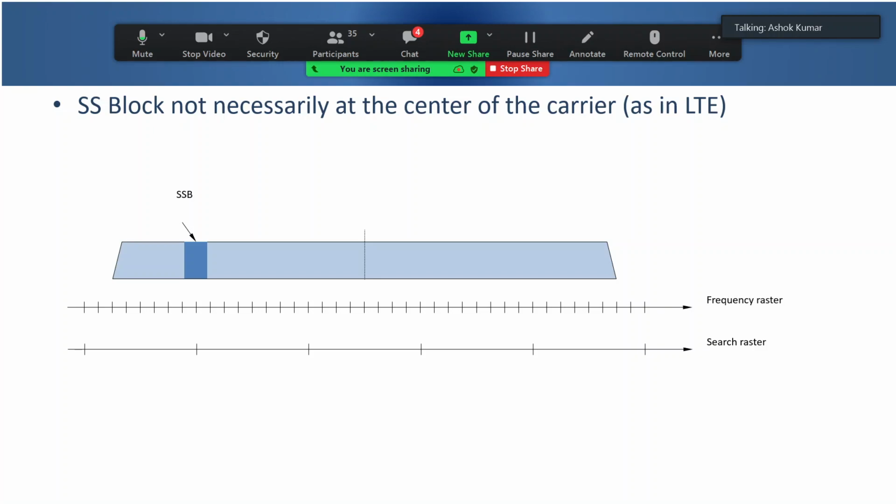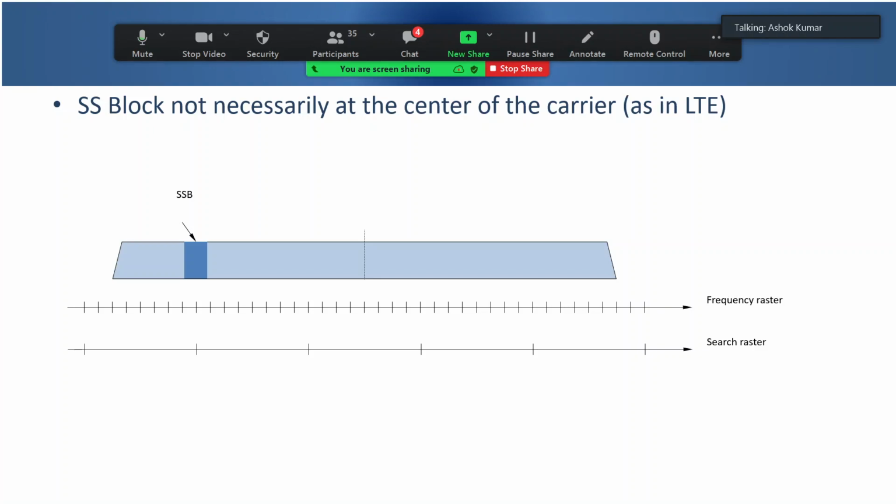If you compare this with LTE, in case of LTE, your synchronization signal is always at the center of the frequency, right? That's why your device would look at the center of the frequency. But in case of 5G, because of the concept of BWP, suppose a device supports 400 megahertz bandwidth, but it may be operating on a lower bandwidth part, BWP.